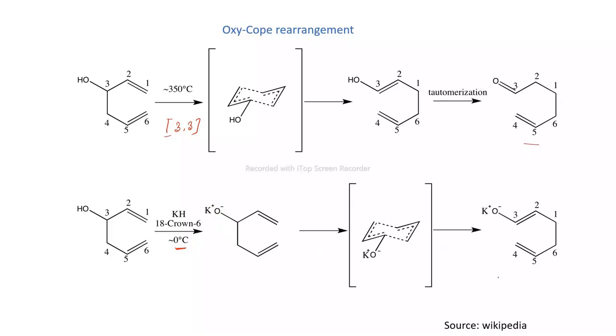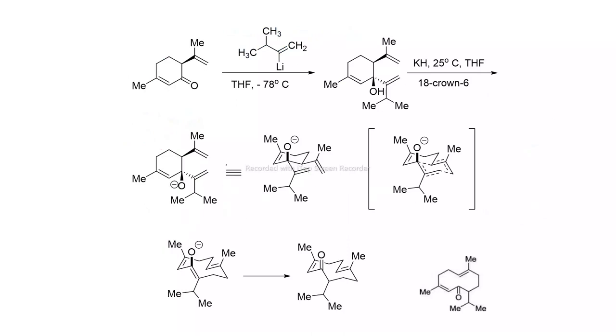That's why this type of reaction goes faster. The 18-crown-6 is basically used to trap the potassium ion here. If we use only potassium hydride, the reaction is also faster, but additionally, if we add 18-crown-6, the reaction will be much faster than in the first example. Okay, so let's come to our question.